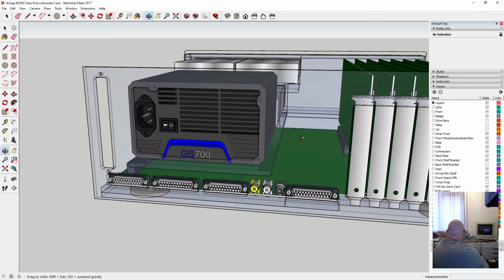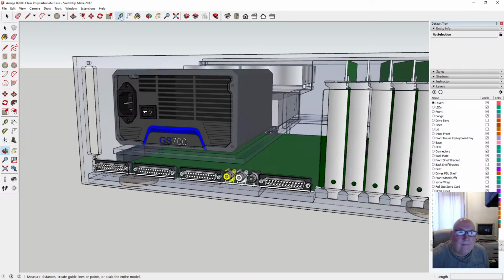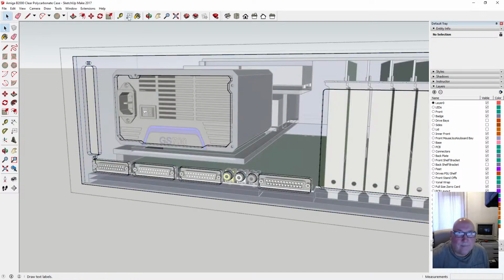Right. So those two are actually from the edge of there, 12 mil. So they're 12mm across.